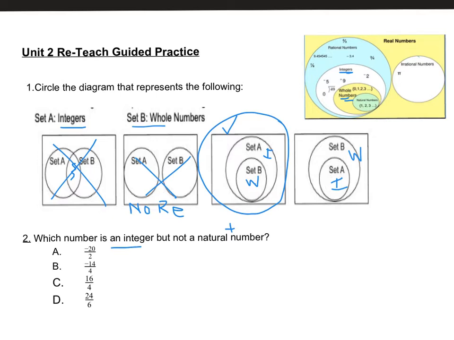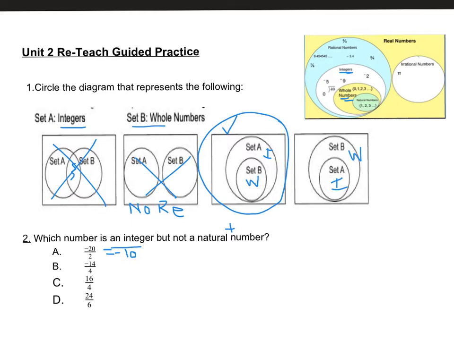So whenever I see this improper fraction, I know this tells me I'm going to have to divide. So when I look at the first option, I have negative 20 divided by 2. Well, I know that 2 times 10 equals 20, but this has to be a negative 10 because it's negative 20 divided by 2.